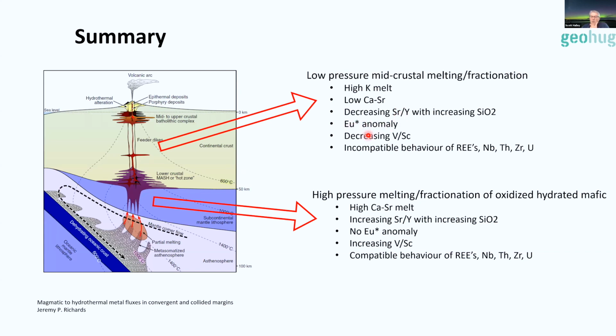They'll crystallise hornblende later, crystallise magnetite before hornblende, so vanadium-scandium ratio will go down, and all of the high field strength elements will have incompatible behaviour. Right, so those patterns in the chemistry tell you something about the source, the pressure, the water content, and the oxidation state.